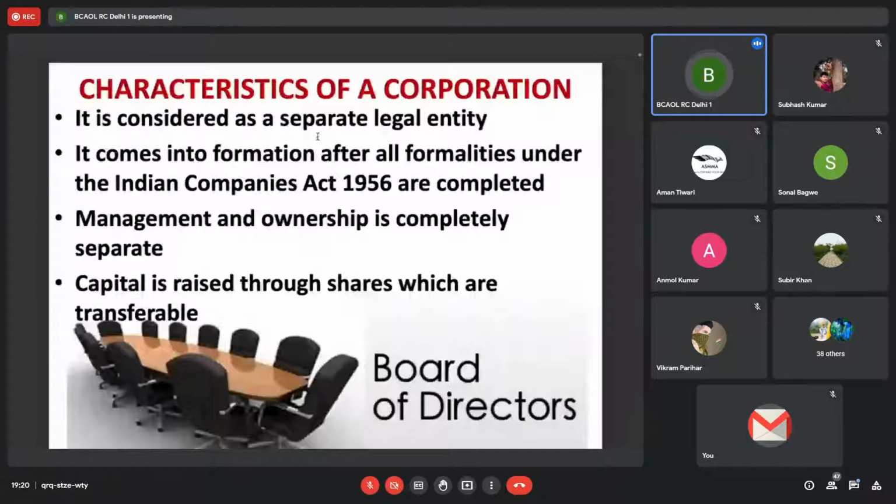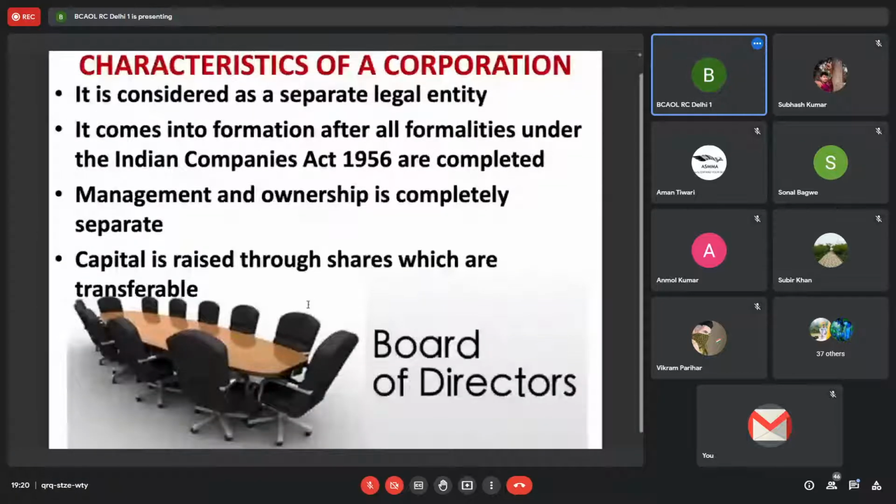And it is not 1956, it's the Indian Companies Act 2013. Management and ownership are different. Capital is through shares, which are transferable. Now it depends what kind of company it is. In a private company, shares are not freely transferable.